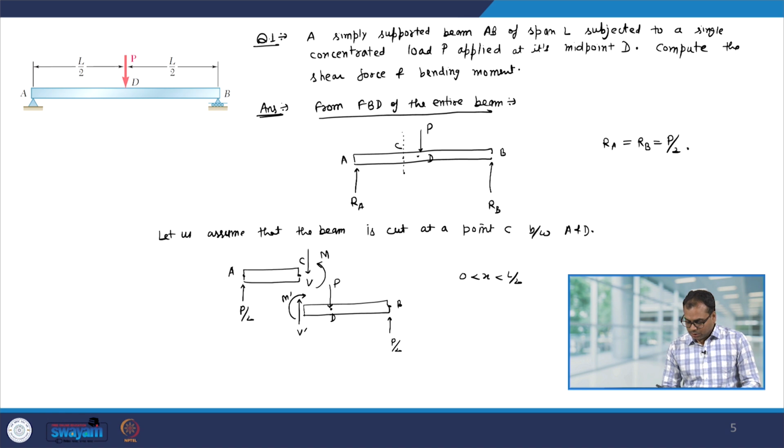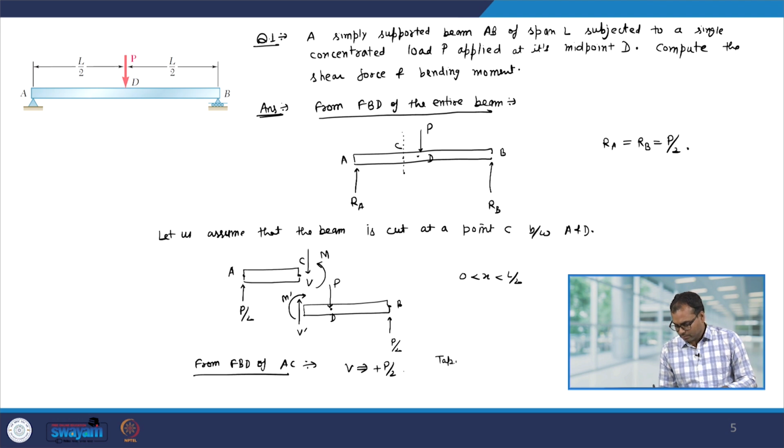So you can see from the free body diagram of AC that V is nothing but plus P by 2, and you can take the moment about point C, and you can see that P by 2 into x.